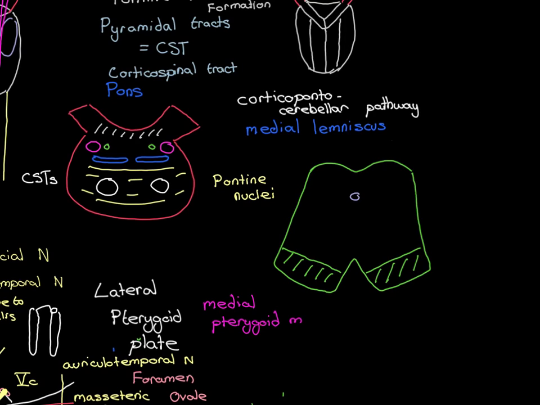So this little tube here, this is the cerebral aqueduct. And surrounding the cerebral aqueduct is an area of grey matter, which means cell bodies of neurons, called the periaqueductal grey. So I'll put this in here. So this area is the periaqueductal grey matter, another great landmark of the midbrain.